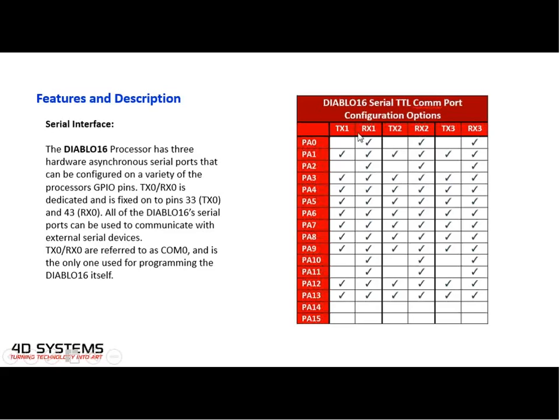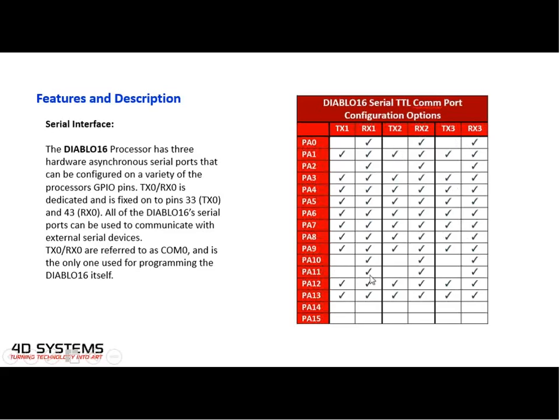TX1 or COM1, TX2, RX2, TX3, and RX3 are all mappable. You can assign, for instance, PA0 to RX1 and PA1 to TX1. Similarly, you can do that for COM2 and COM3, or any of the pins.